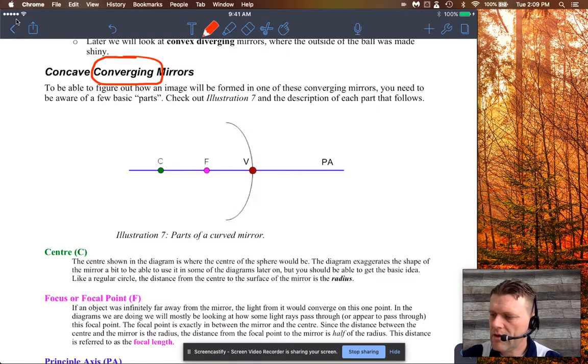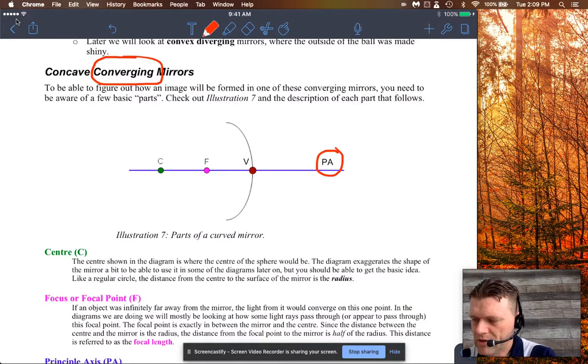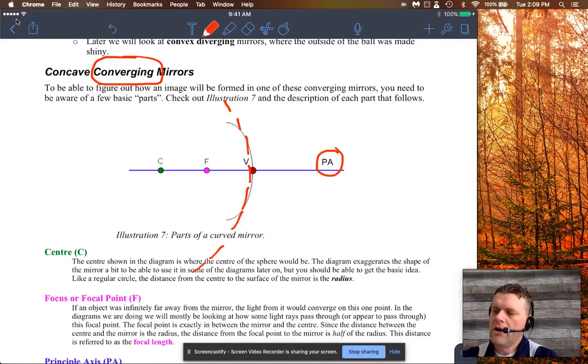So that straight line is called the principal axis, where that principal axis intersects with the mirror. We call that the vertex. And the way that we try to sketch these, I know it's kind of hard when we're sketching them, but the curvature of the mirror, whatever it happens to be, imagine that it just is part of a huge circle.